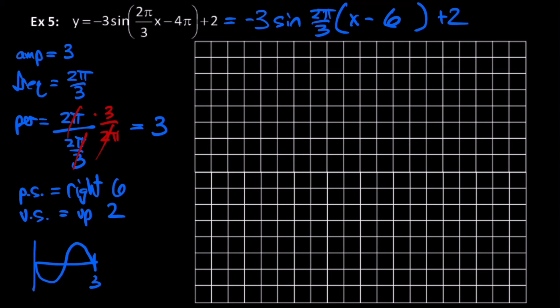Okay, so let's set up our axes. Then we'll talk about phase shift and vertical shift. Vertical shift up 2. So if I'm moving up 2, let's put our x-axis down a little bit lower. How about here? Let's go out 4 blocks. 1, 2, 3, and 4. And that is going to be the period, 3.